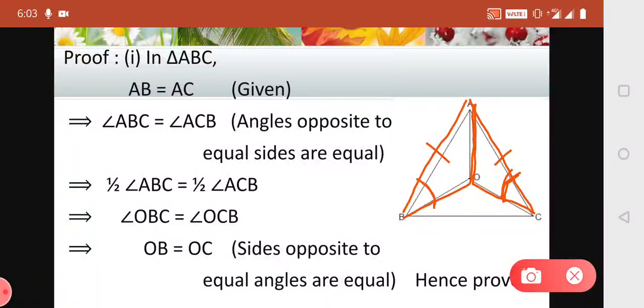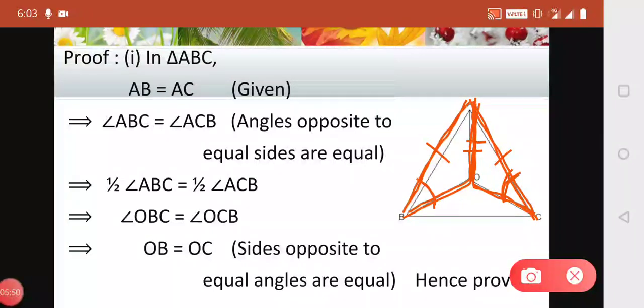So we will write: angle ABO equal to angle ACO and AO equal to AO. This is the common side between the two triangles. Therefore, triangle AOB is congruent to triangle AOC. Yes, these two triangles will be congruent.